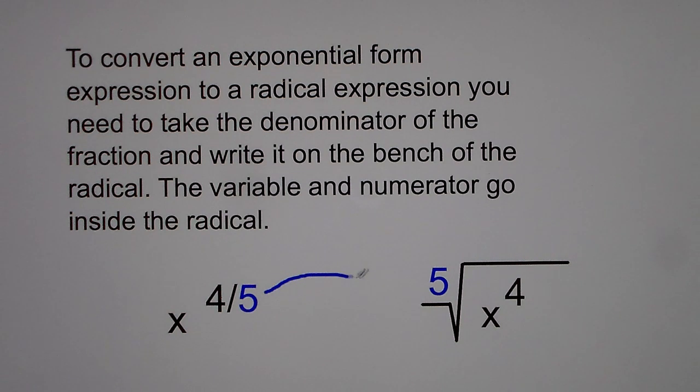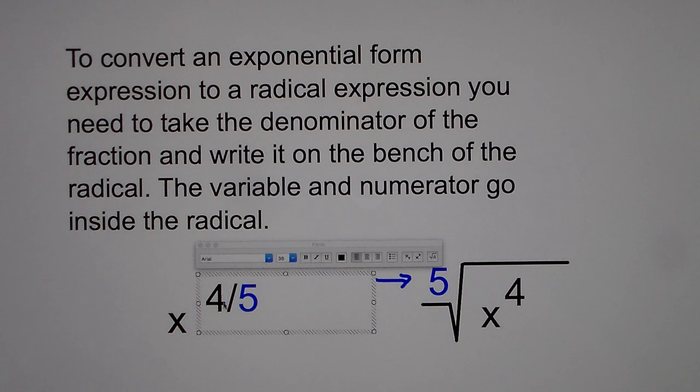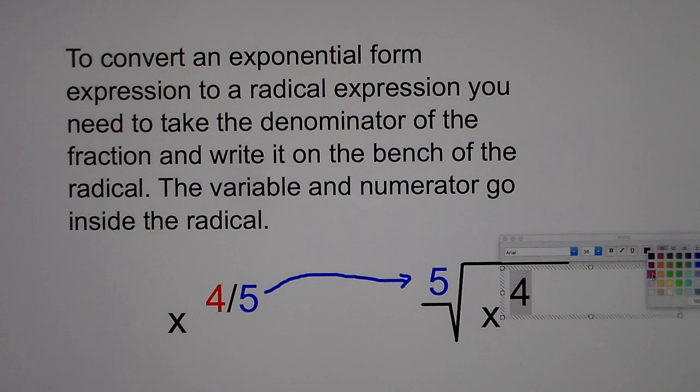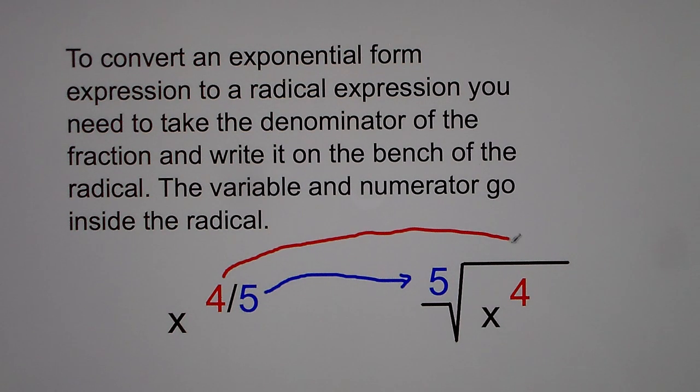So whatever's in the denominator goes on the bench, on the radical. Whatever's in the numerator, in this case, the red 4, it's going to go into the power on the inside of the radical. So that numerator goes into the power of the inside of that radical on that same base. So if it's x, the base is x.